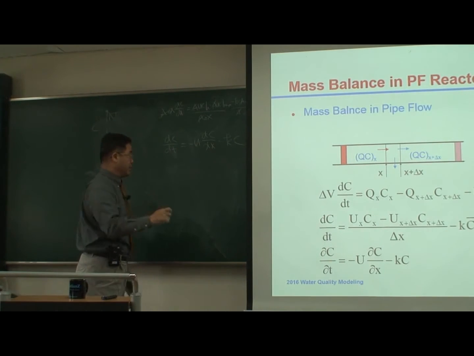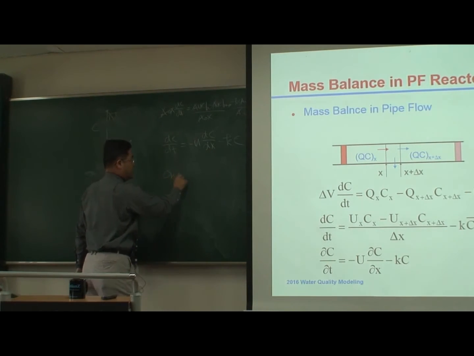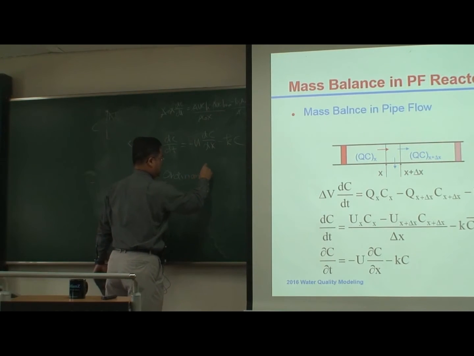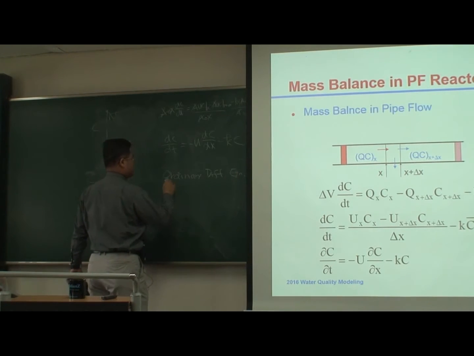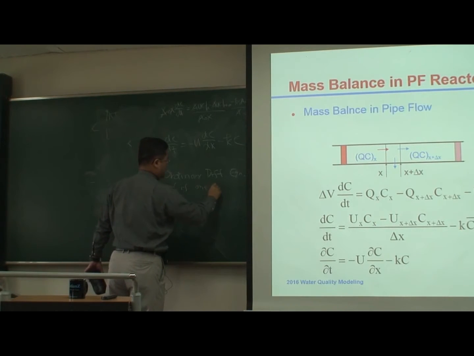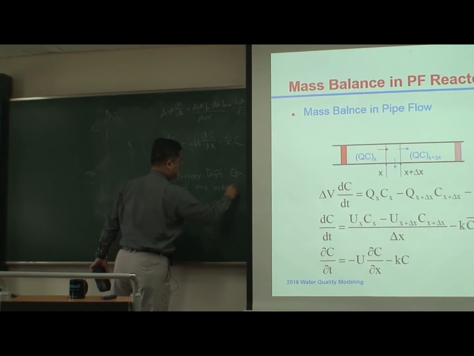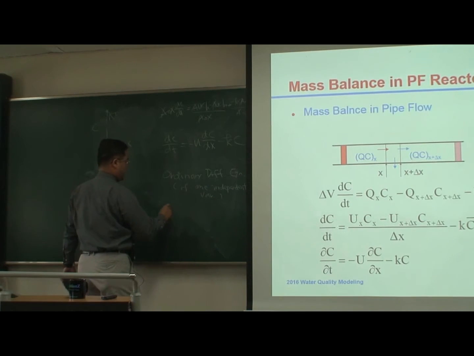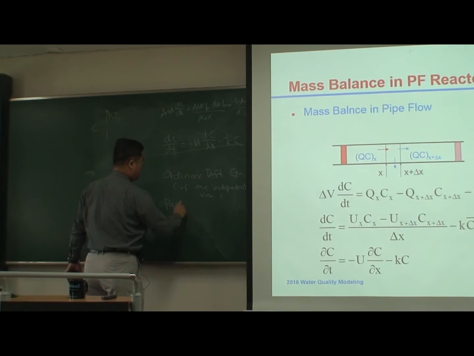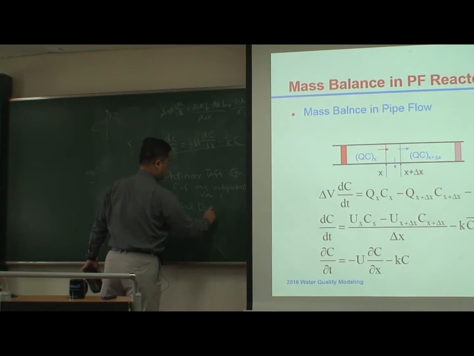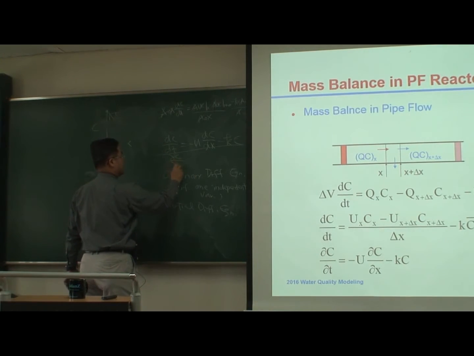If you have one independent variable, we call that an ordinary differential equation. But if you have this one like this, then this is a partial differential equation, and in this case we use a different expression.